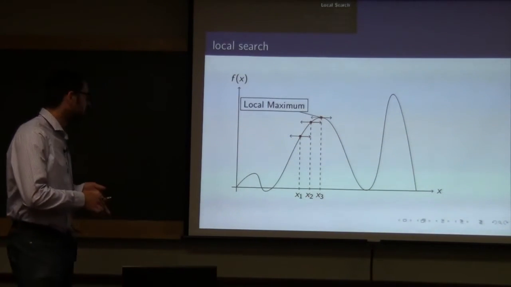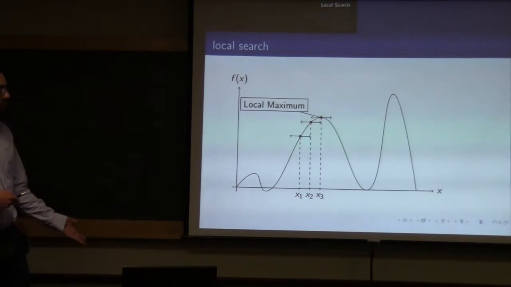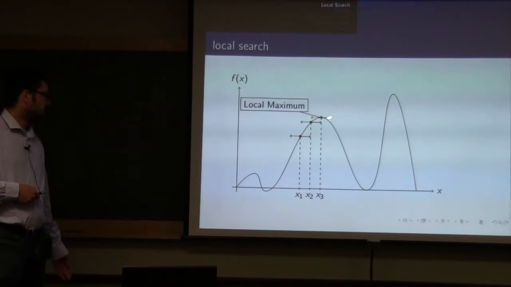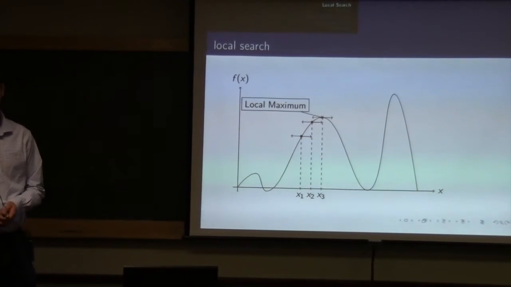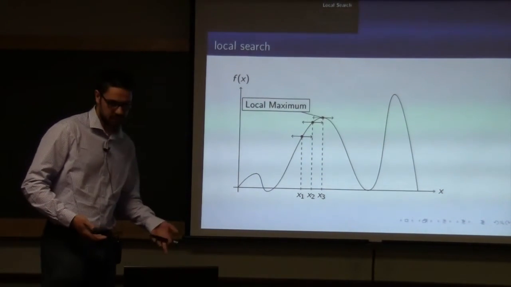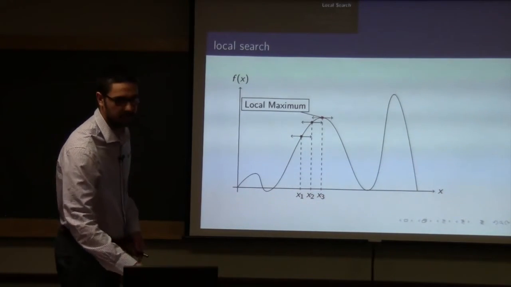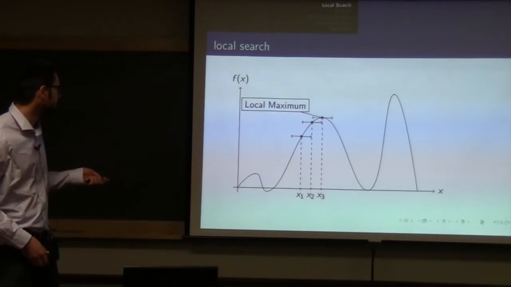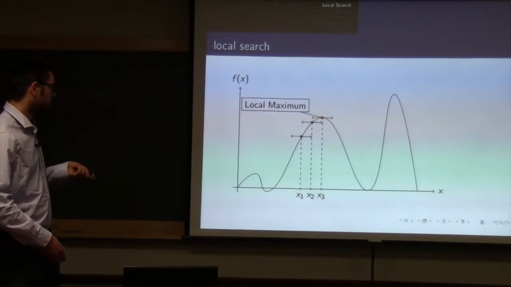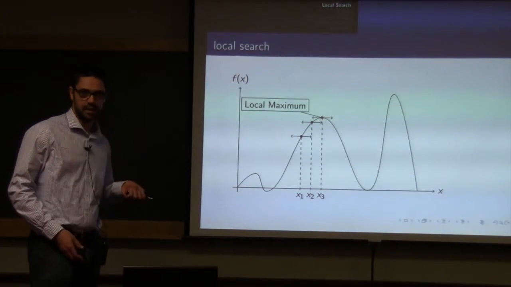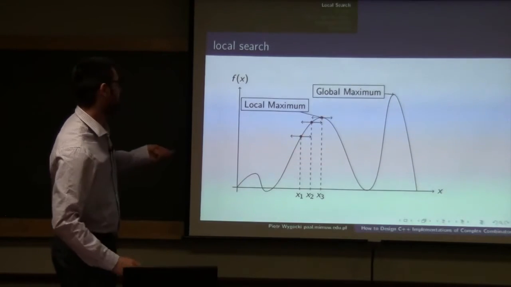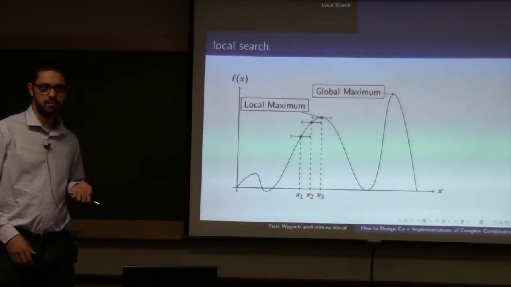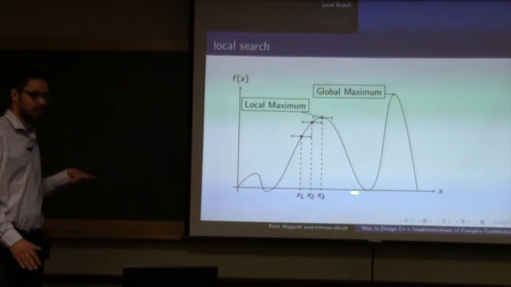You see that this method is not perfect because we didn't reach the global maximum. So this is just a heuristic, but sometimes that's all we have, and it works very well in many practical cases. This point is called the global maximum here. It's supposed to be very easy and very clear.